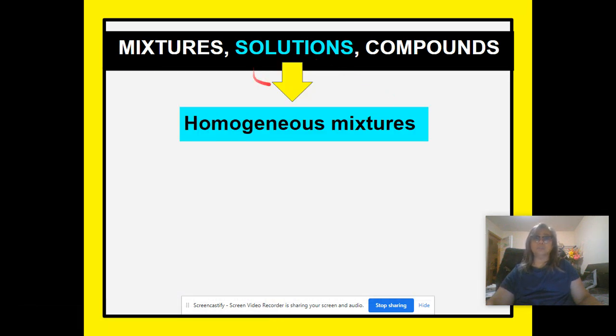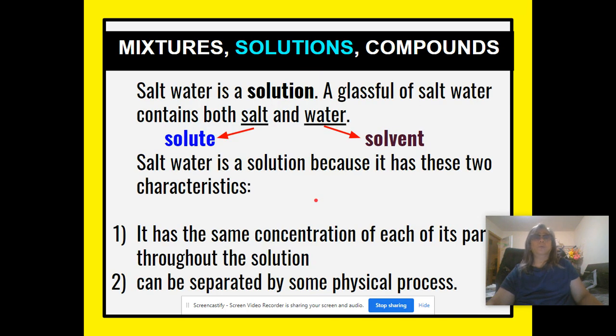Now, in solutions, think of solutions as a different kind of mixture, but this time homogeneous, okay? Again, it pays to have an example in mind. So salt water, for instance, is a solution. A glass full of salt water contains both salt and water.